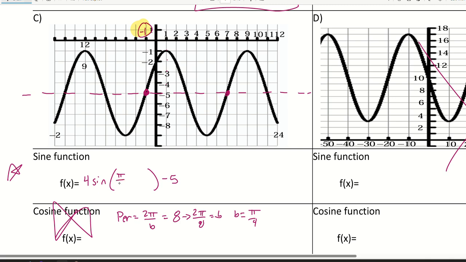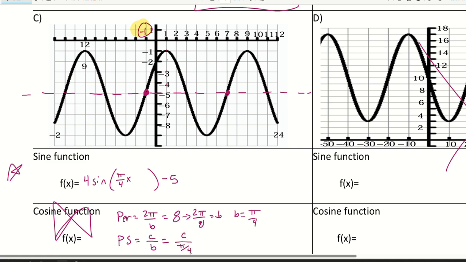So pi over 4 x, that's where b goes. And then my c value, let me erase that, I'm sorry. My phase shift, aka where I start, is c over b. Well, we just found our b. Our b is pi over 4.